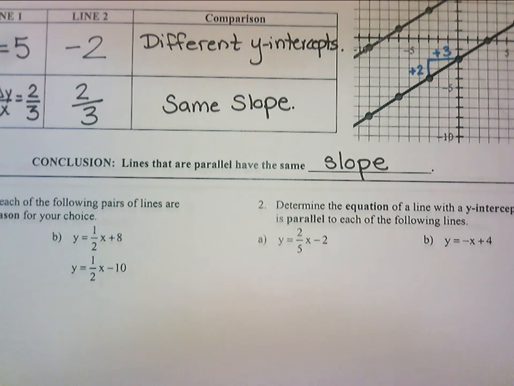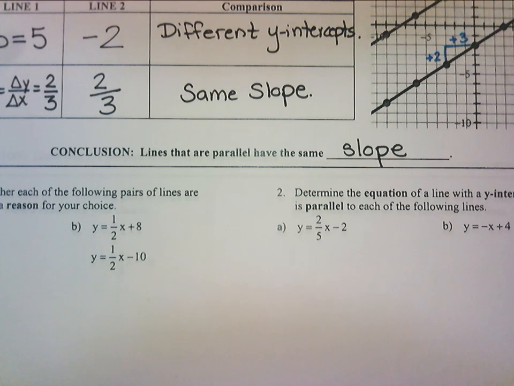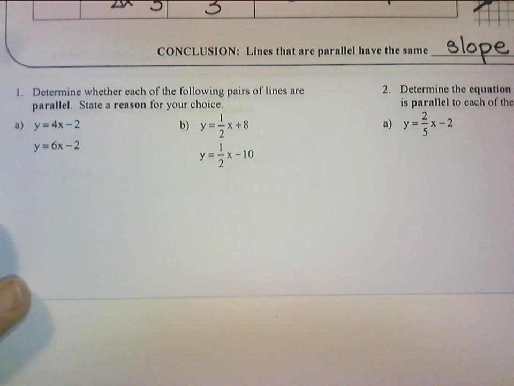Okay, so we do have some follow-up questions. Now that we know that parallel lines have the same slope, we are going to do one together. You're going to try doing one on your own. It says, determine whether each of the following pairs of lines are parallel, and state a reason for your choice. So I have y equals 4x minus 2 and y equals 6x minus 2.